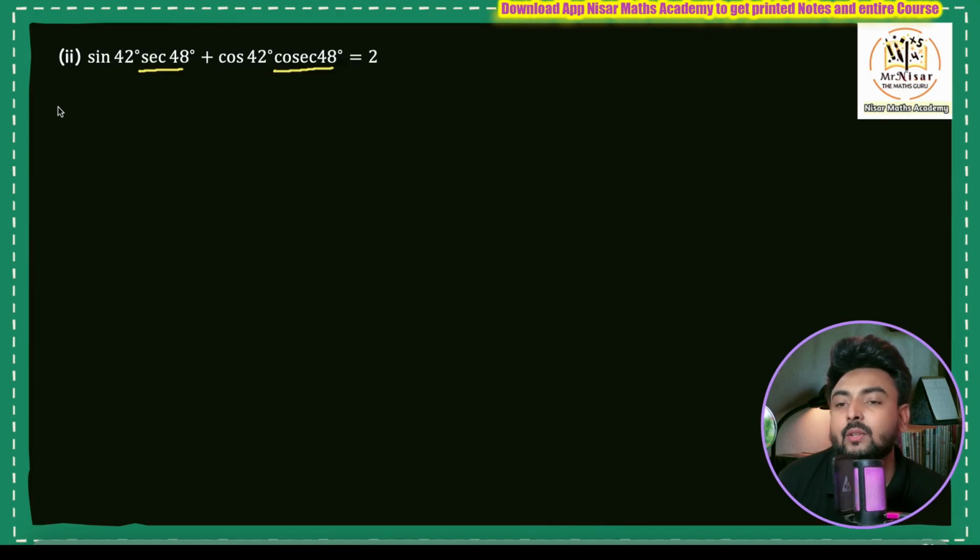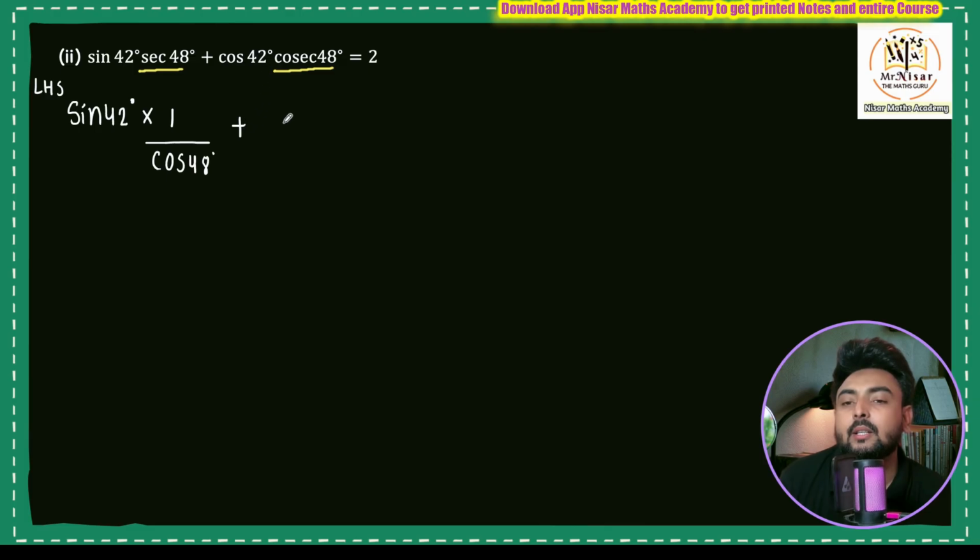So children, first I'll write sine 42 degree as it is. I have to prove this equals 2. LHS I have taken. Then sec 48; sec is the reciprocal of cos, so I can write it as cos 48.